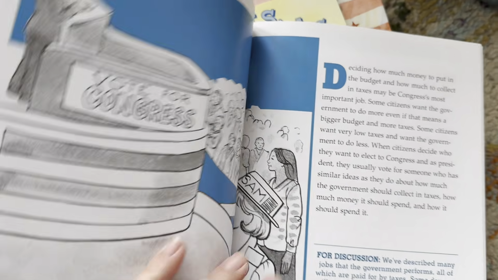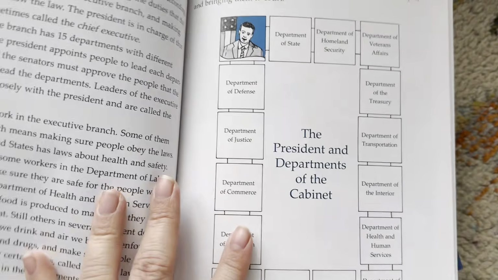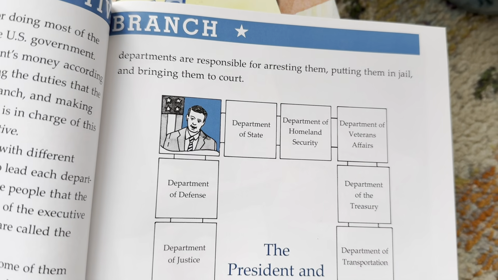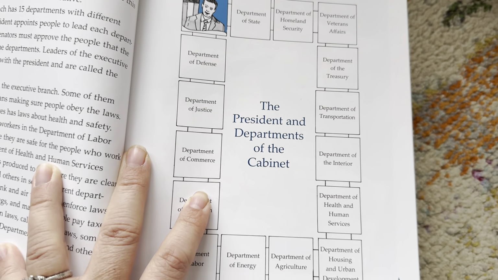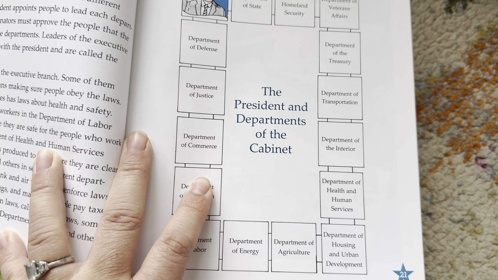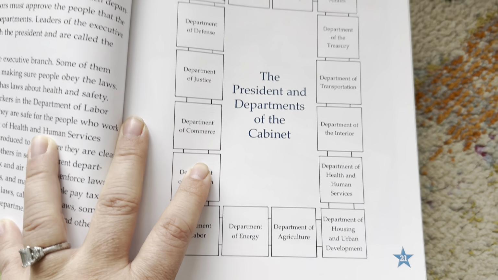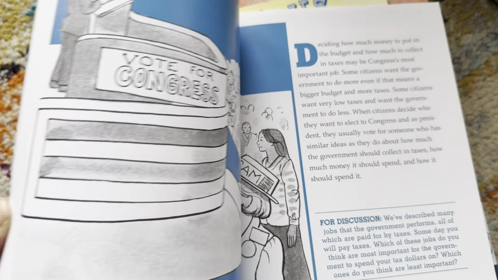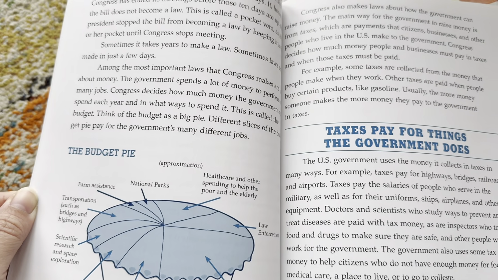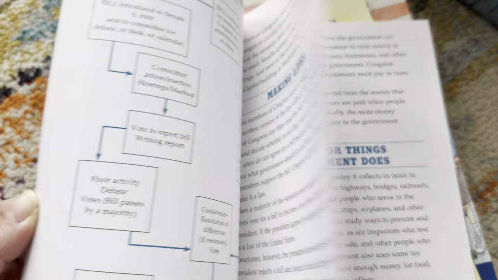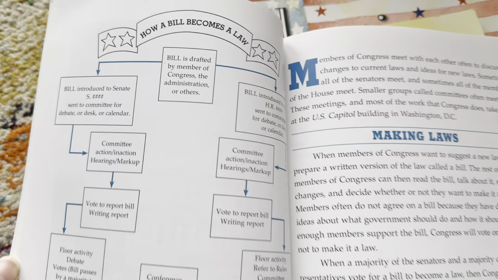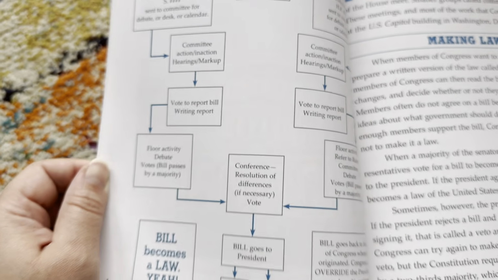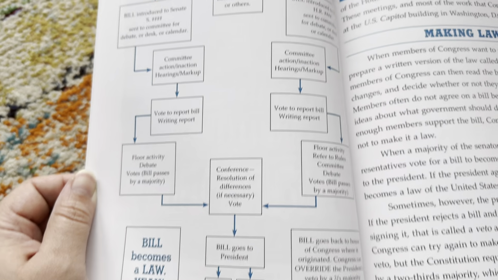Another really great one for the visuals, like the presidents and the departments and the cabinets and what they are, and how you pass a bill, how people get elected, the budget, taxes, how laws are made. Look at that. Another really great visual here, how a bill becomes a law.